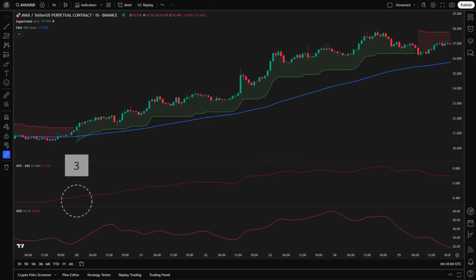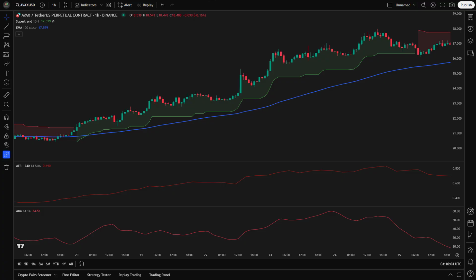Third, we check if the ATR on the higher time frame, in this case, the 4-hour chart, is above the dynamic ATR threshold. This helps us avoid low volatility, ranging conditions. And finally, we make sure the ADX is above the dynamic ADX threshold, which confirms that the trend is strong enough.